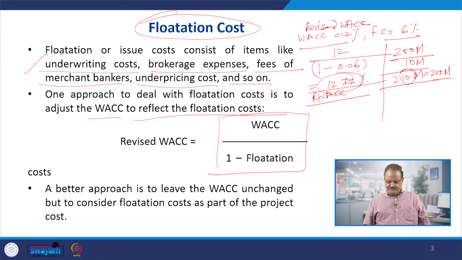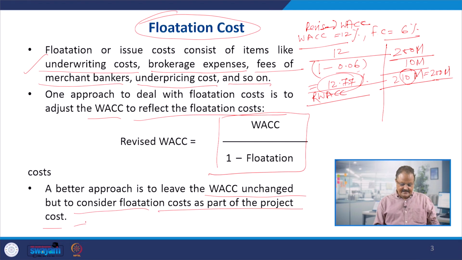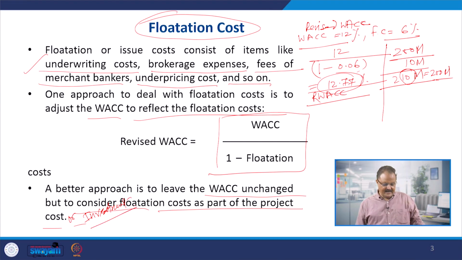Because you are doing something incorrect, you have to do it correctly and safely, and for that you will have to find some other way for factoring in this flotation cost. In this case, a better approach is to leave the WACC unchanged, and to consider the flotation cost as part of the project cost or the investment.